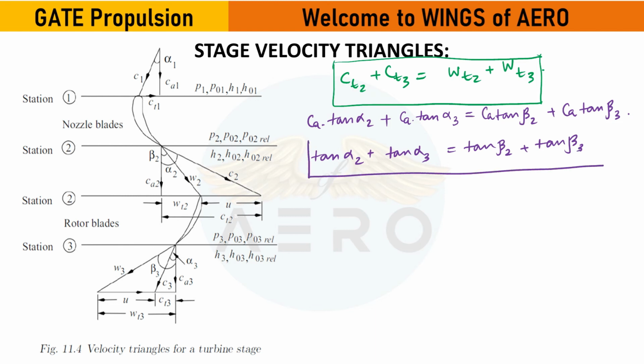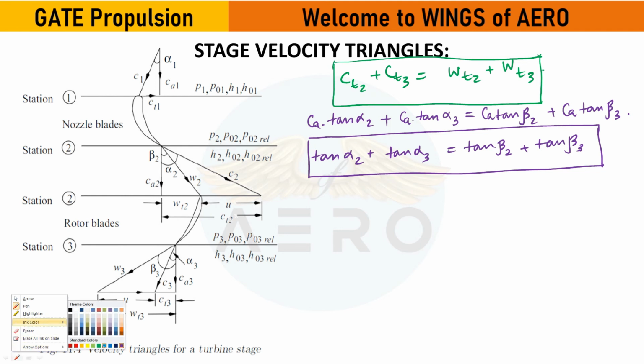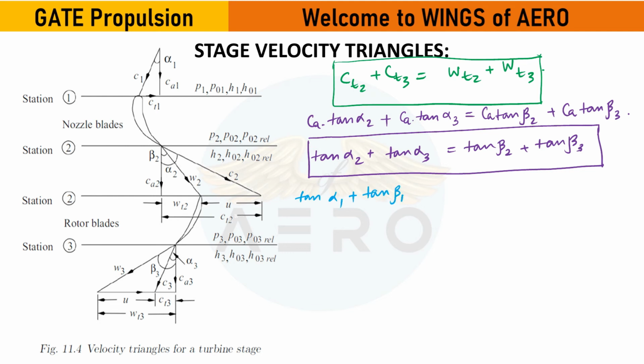Okay. Could you get it? This is a very important expression. A similar expression you got in your axial compressor, but there the values were different. For the axial compressor you got tan alpha 1 plus tan beta 1 equals tan alpha 2 plus tan beta 2.